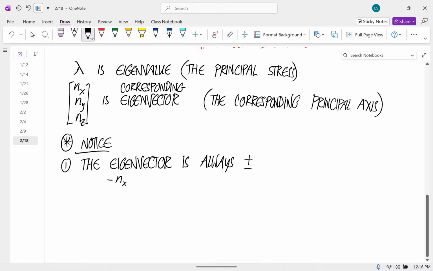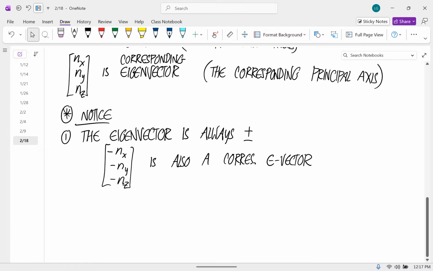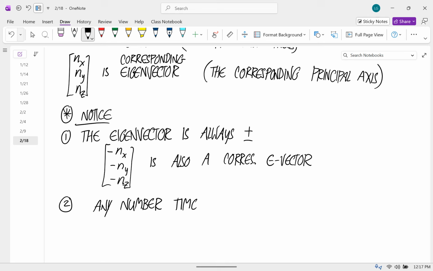So negative nx, negative ny, negative nz is also a corresponding eigenvector. And the second thing is any number times the eigenvector is also an eigenvector.